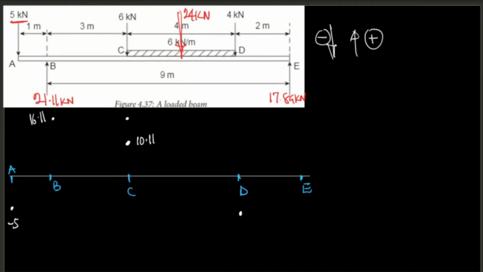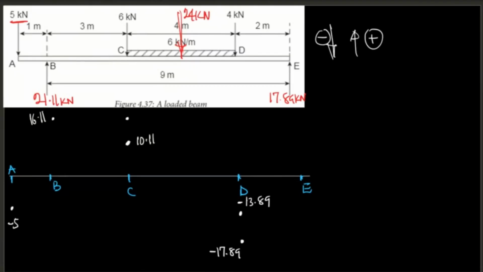So at this point where it touches D, it's going to be 13.89. But there is a force that is also acting down. So it's going to be minus 13.89 minus 4. This is going to give us minus 17.89.